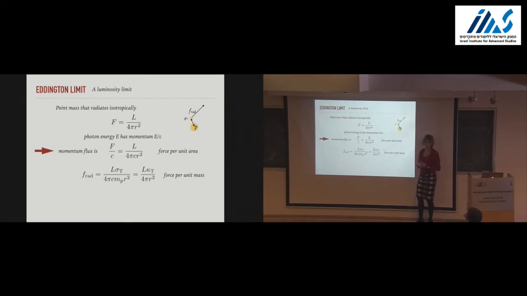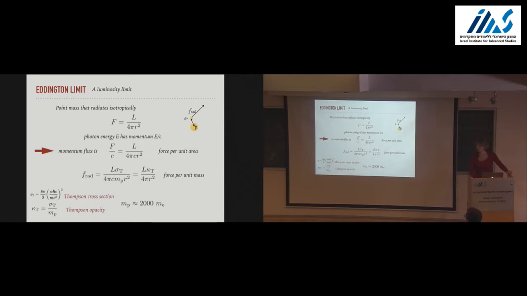Okay, so the way I see it is that the electron gets a kick and then carries the proton with it. So that's why I divide by the mass of the proton, and this is the Thomson opacity. And so we have this famous description of the radiation force.